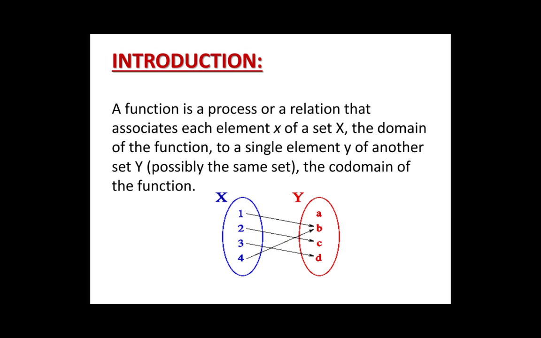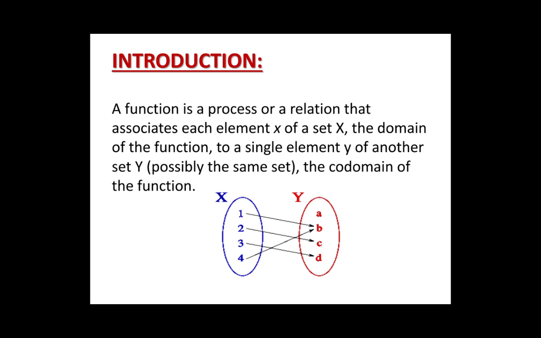So, now let's see the mathematical definition of function. A function is a process or a relation that associates each element x, small x, of a set X, the domain of the function, to a single element y, small y, of another set Y, possibly the same set, the codomain of the function.